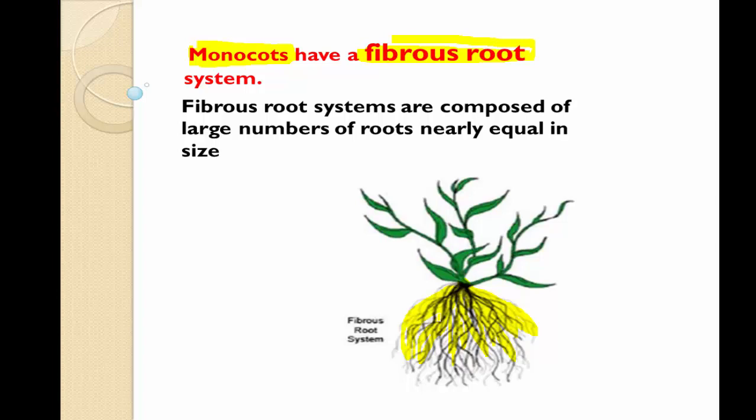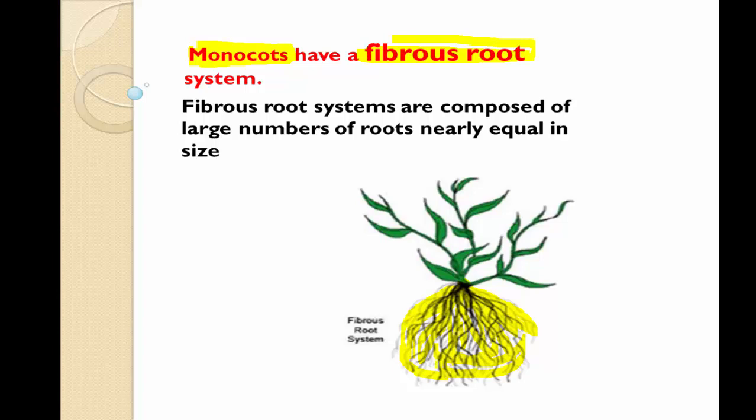Many roots arise from the common point and all the roots have almost equal size. But what was the condition in case of taproot? The main root is very thick in diameter, which is called primary root, and when it undergoes further branching, the branches' diameter goes on decreasing.